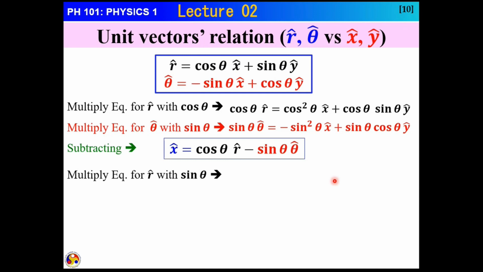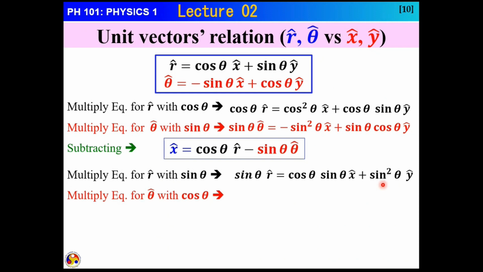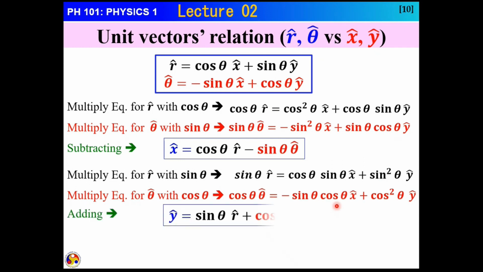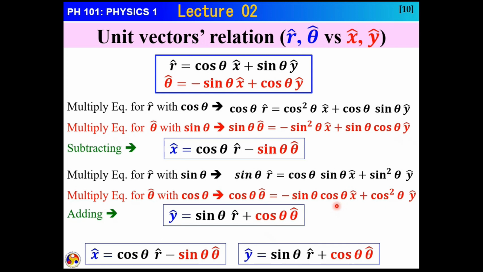And similar is the case if we multiply r with sin theta, we will get this one, and then multiply with cos theta for this, we will be getting this, and simply add them, and then we will end up with this result.